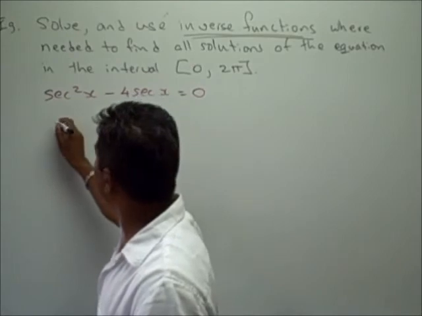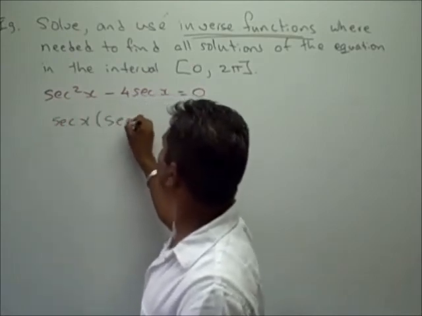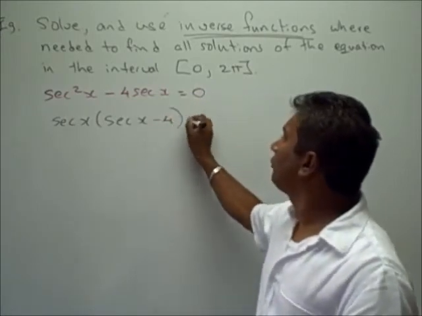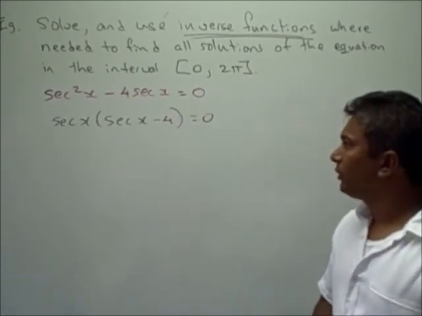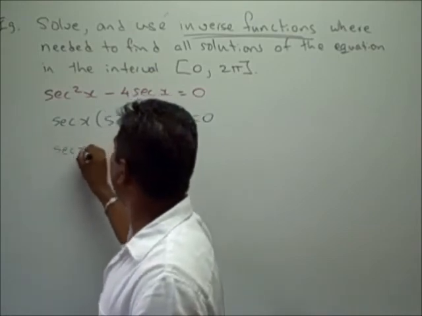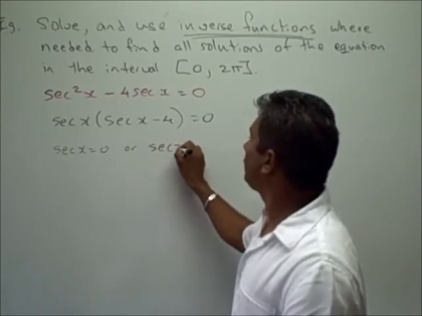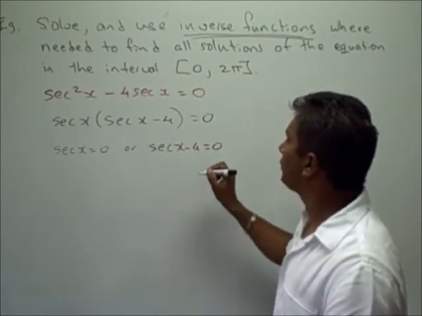So if we factor out secant x, we're left with secant of x minus 4. Once again, using our zero factor property, we have secant of x is equal to 0, or the secant of x minus 4 is equal to 0.